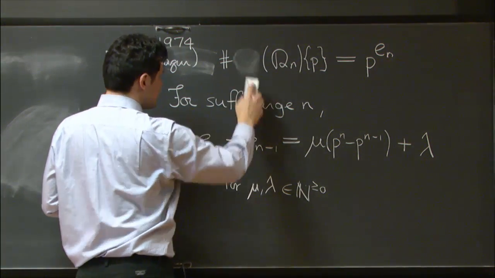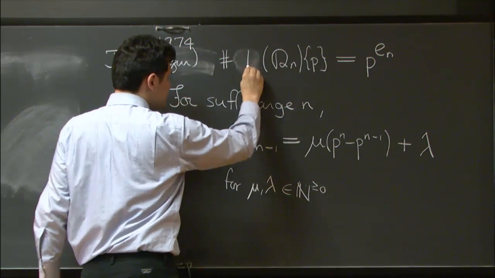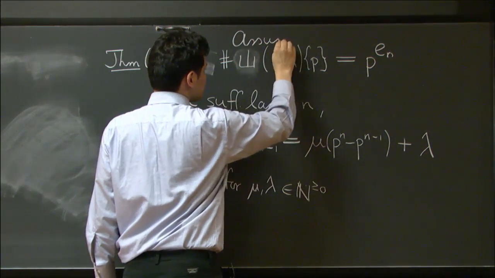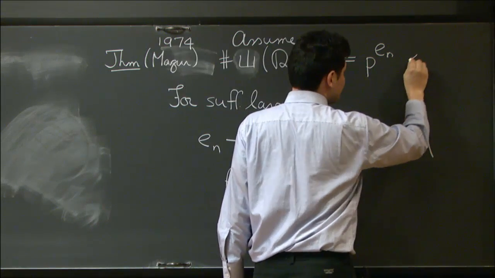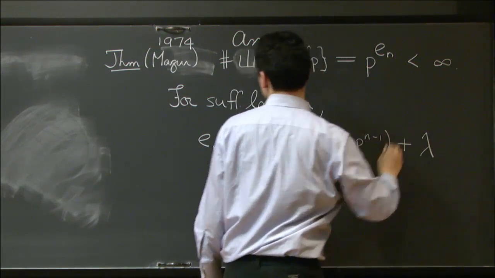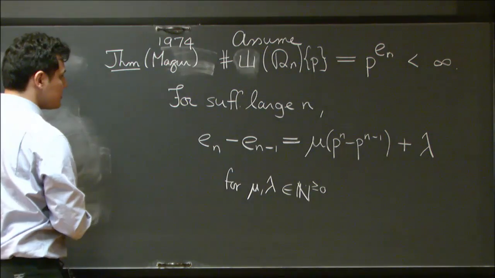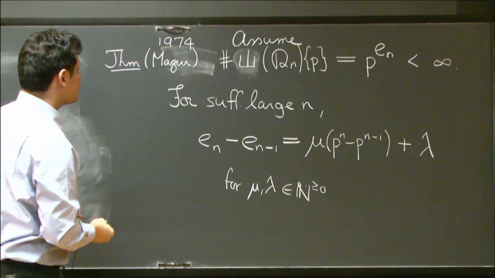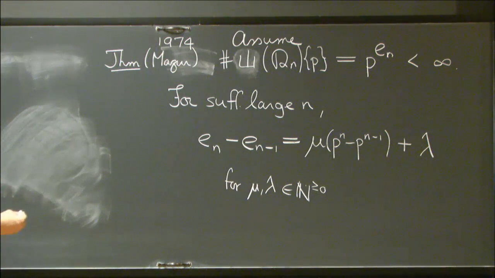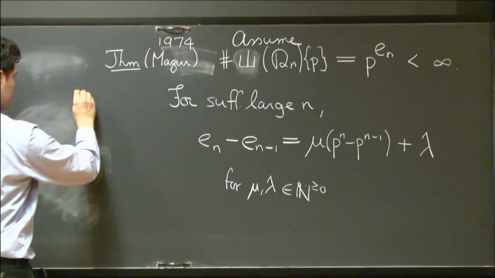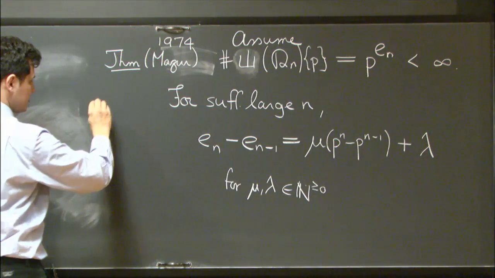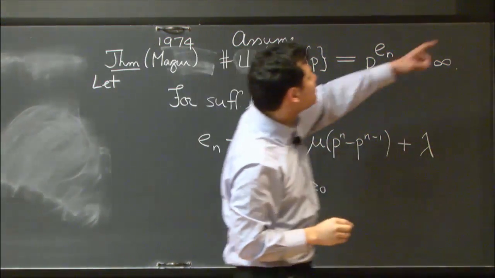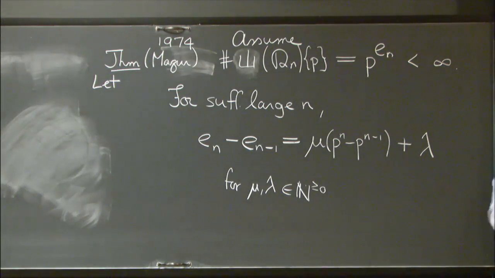Assume that the p primary part of SHA is indeed finite, and also assume that this number a_p is co-prime to p.